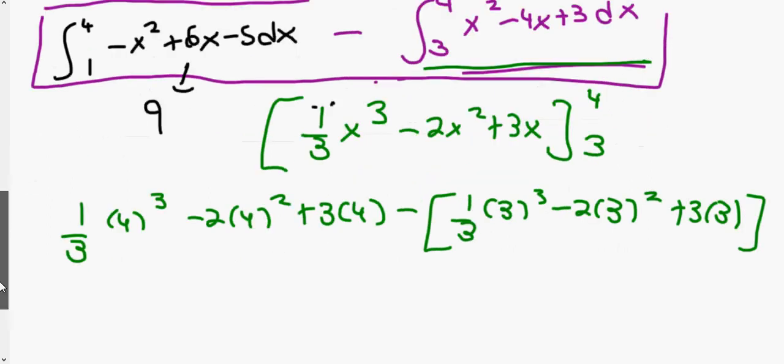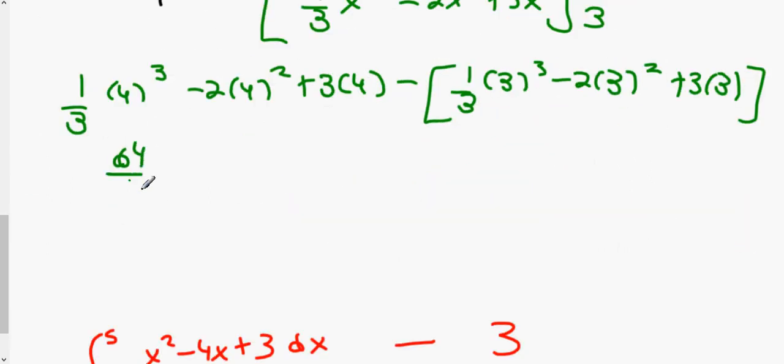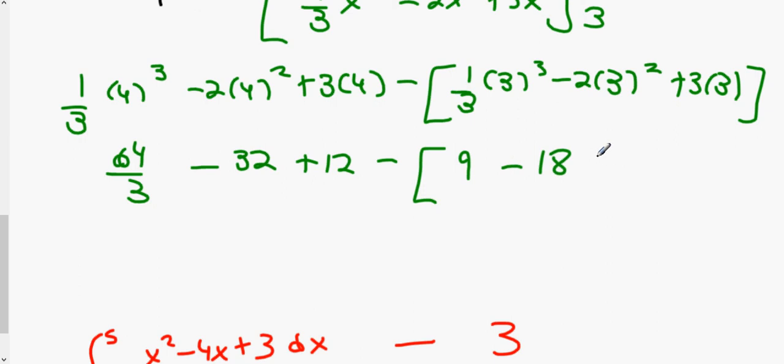So we get 64 over 3 minus 32 plus 12. Then we take away a third of 27, which is 9, minus 18 plus 9.